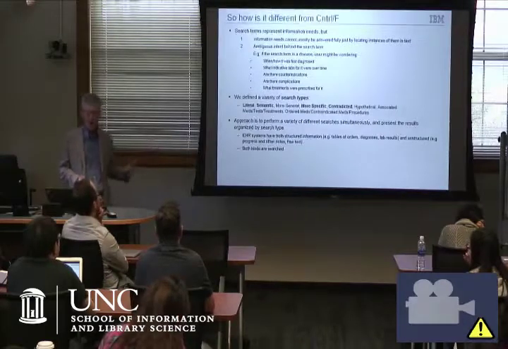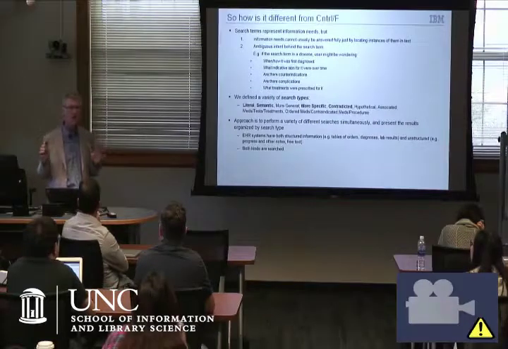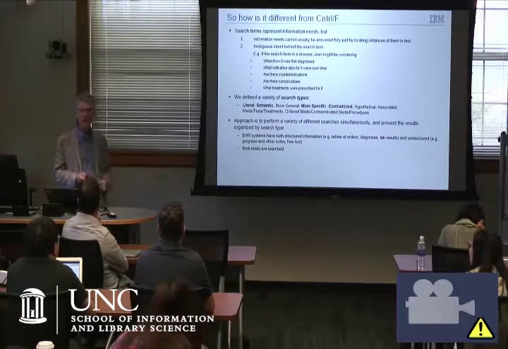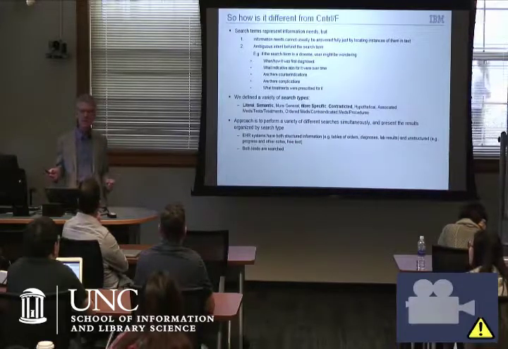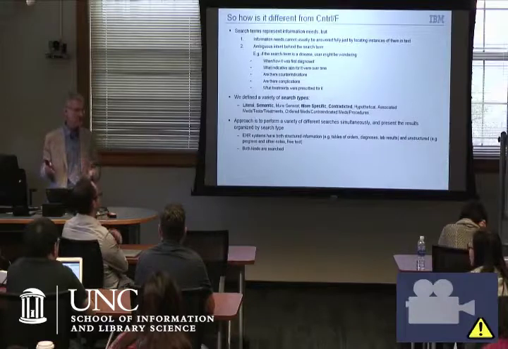Okay, in the middle, we have a bunch of search types. These are ways in which your search term could match something in the document. So there's literal match, which is what Control F does. Semantic match is that enhanced, if you like, by synonym matching, things that mean exactly the same thing. More specific, more general, that speaks for itself.